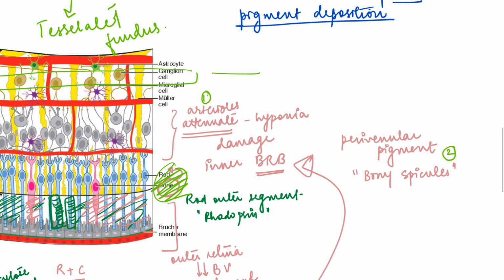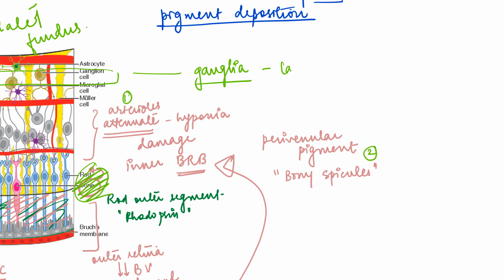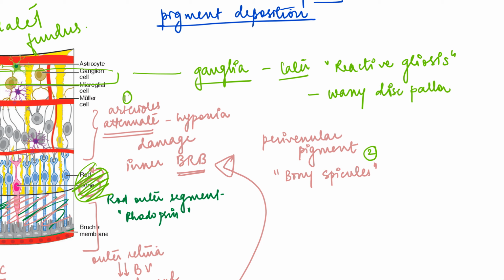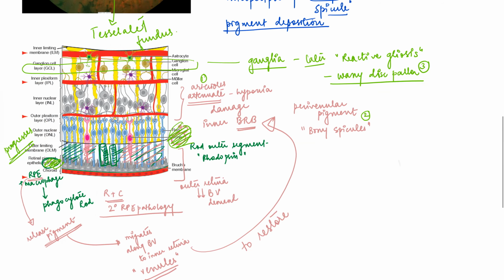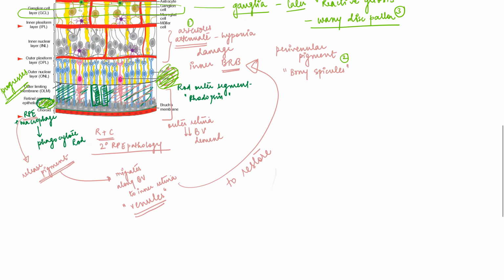So once the ganglia are affected, that is in the later stages of the disease, we see a reactive gliosis. And this leads to the waxy disc pallor. This is the third part of the triad. So this explains why we see the fundus changes in the patient of RP.